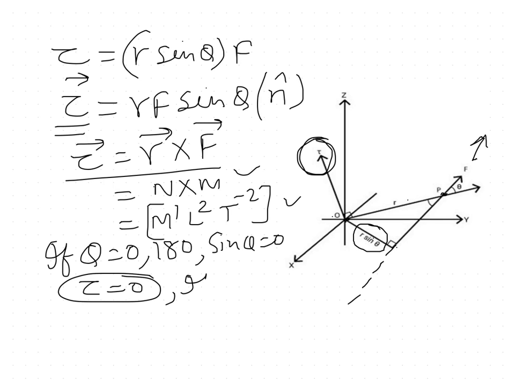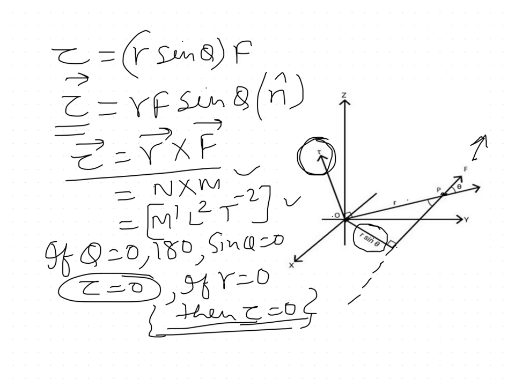Similarly, if r is equal to 0, then also torque is equal to 0. So if our particle is placed on this point of rotation and we are applying force here, then the particle will not rotate. So again the torque is 0. To obtain maximum torque, we have to apply force perpendicular to the direction of the distance vector.